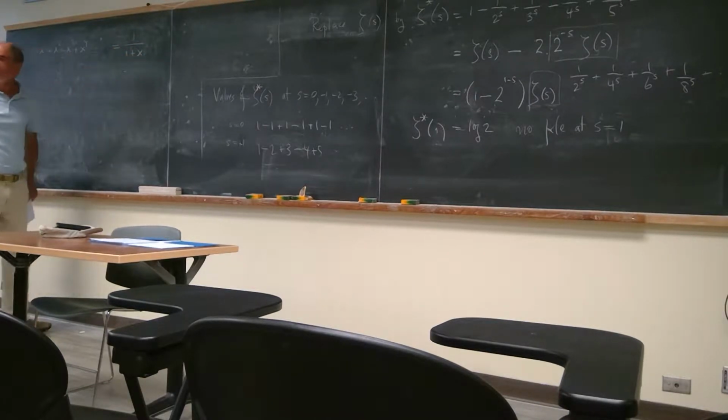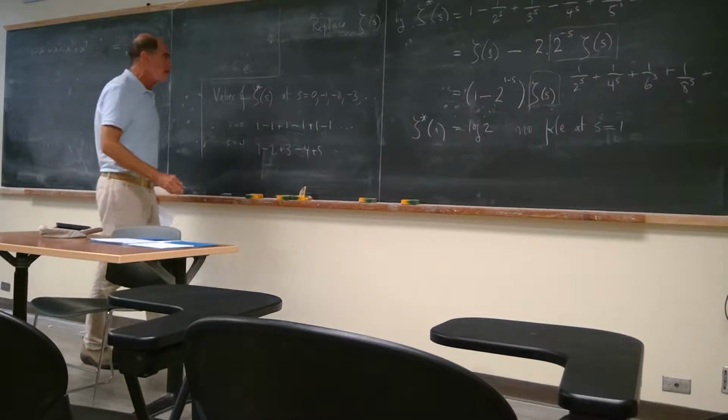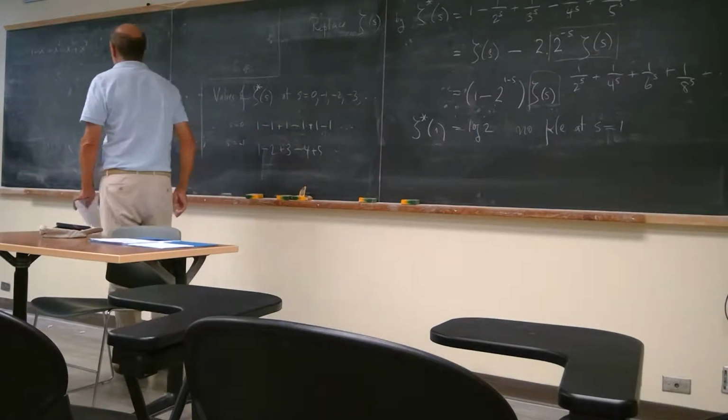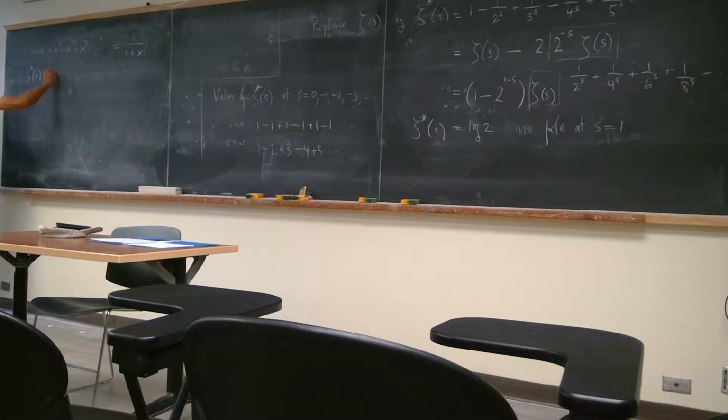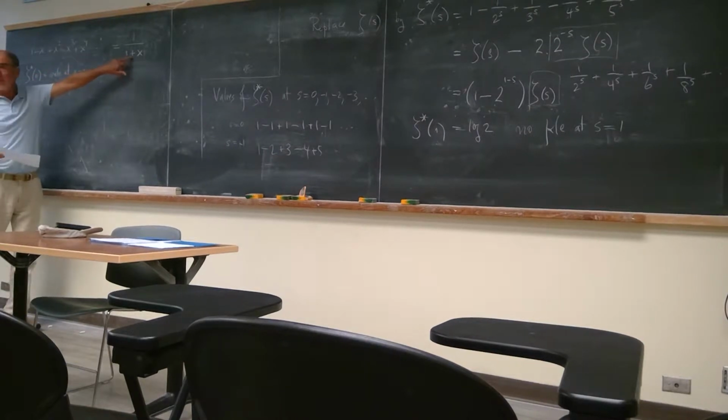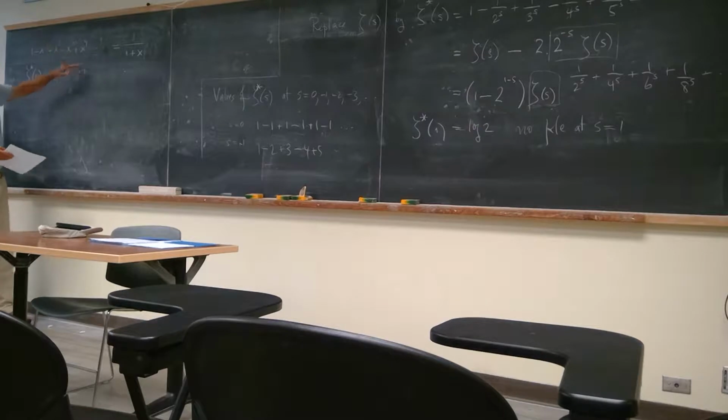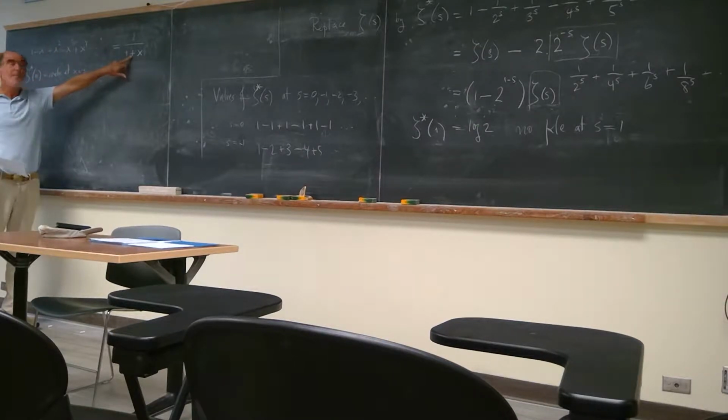Right? And so if we're trying to evaluate this series at s equal 1, which is what zeta star of 0 is, well, we can say, we'll take the value of this rational function at x equal 1. I mean, we can't sum the series, but this function makes sense at x equal 1, right?